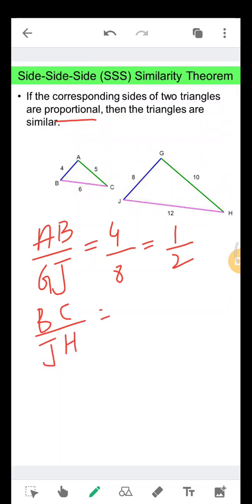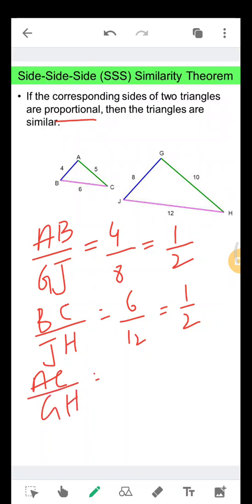BC is 6 and JH is 12, so this gives you 6 by 12, which is also 1 by 2. Then let's check the third side, AC by GH. This gives you 5 by 10, which is also 1 by 2. So finally you can see all three sides of both triangles are in proportion.